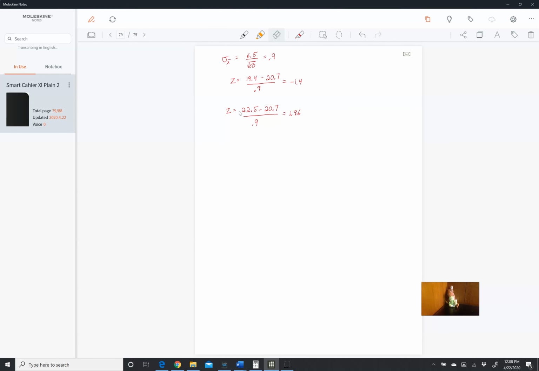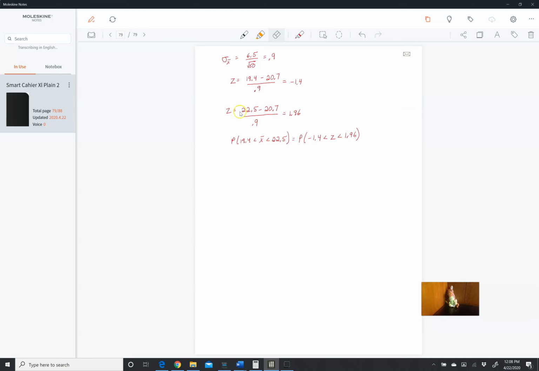So now how do we find this? Well, what we're saying is that the probability of 19.4 less than x bar less than 22.5 is the same thing as the probability of negative 1.4 less than z less than 1.96. And how do we do this?